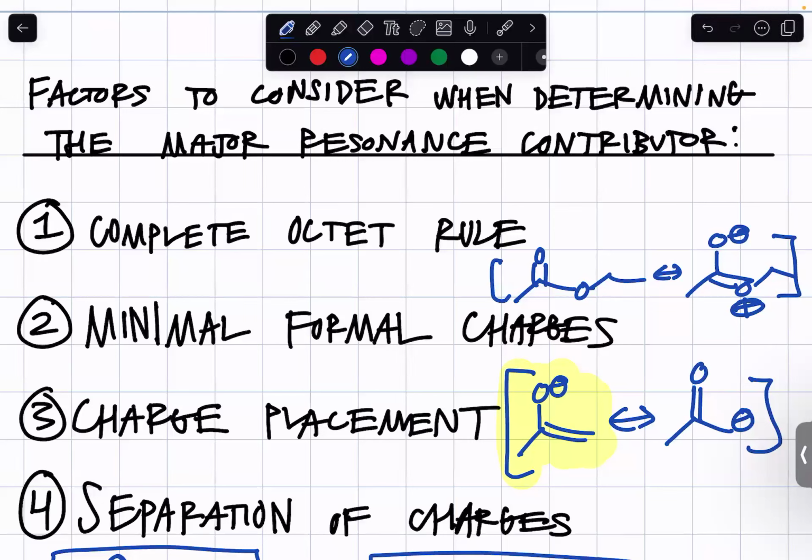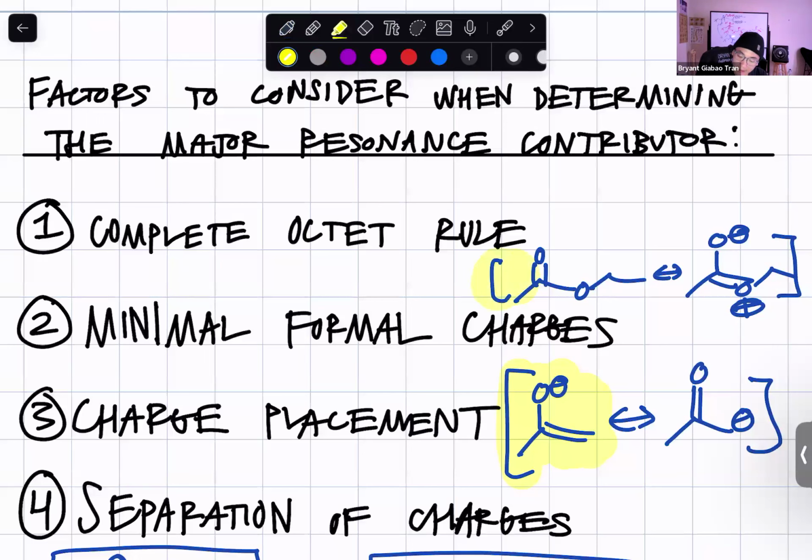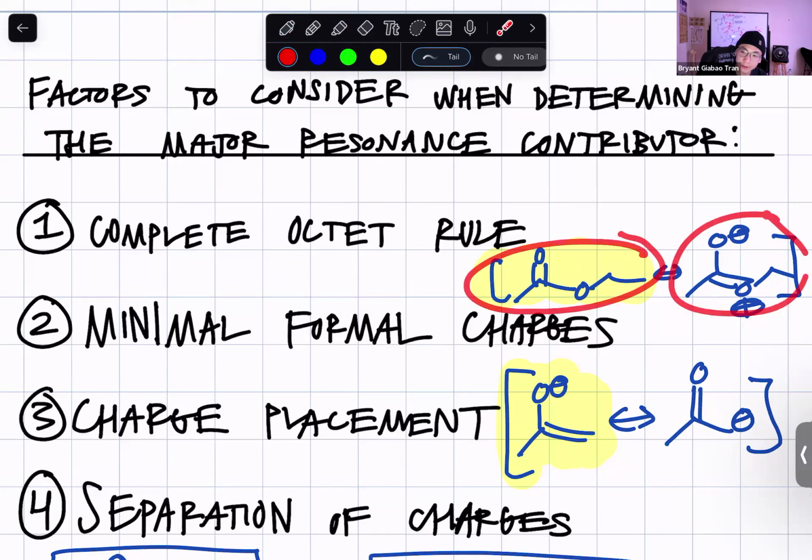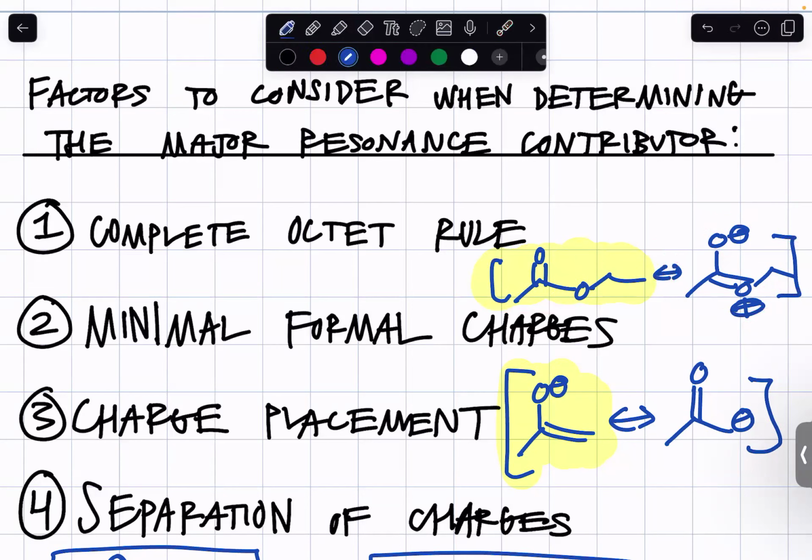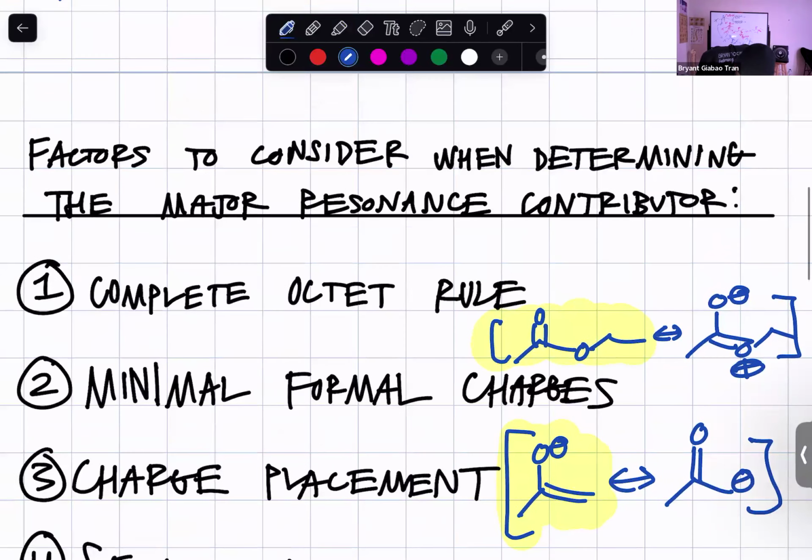The left one, because it has fewer formal charges, zero formal charges, whereas the right one has two formal charges, a negative charge and a positive charge. But the overall net charge is still the same. Net charge of zero, because the positive one cancels out with the negative one.